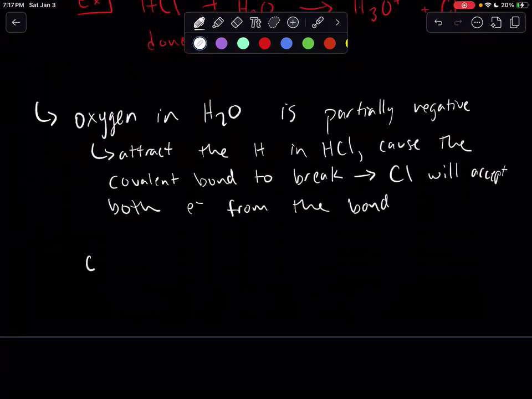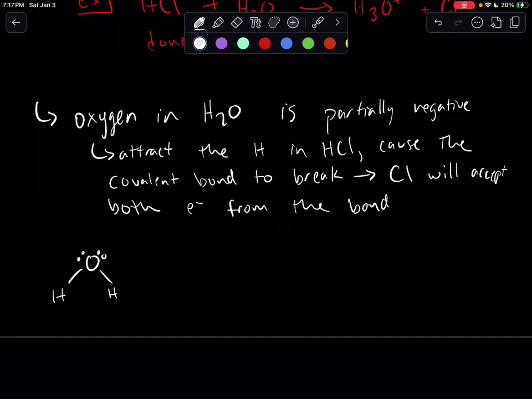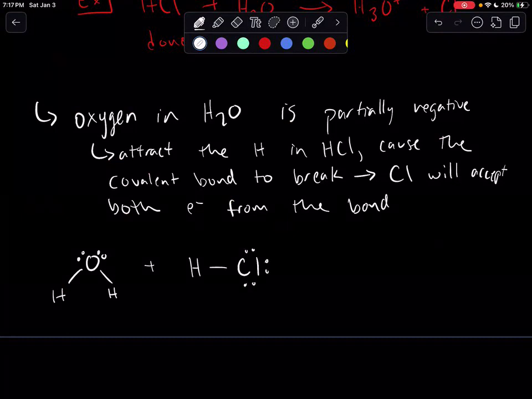So what does this actually look like? Well, I'll use Lewis diagrams, which are great to describe Lewis acids and bases, as a way to demonstrate this. So when looking at this, we have our water plus our hydrochloric acid. We'll denote that hydrogen is partially positive, chlorine is partially negative, and for the most part, I'm just going to look at the oxygen here as partially negative. Specifically, these electrons, what's going to happen is we're going to see them attract that hydrogen.